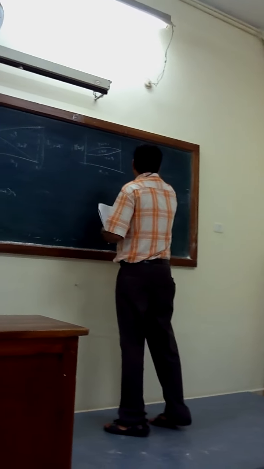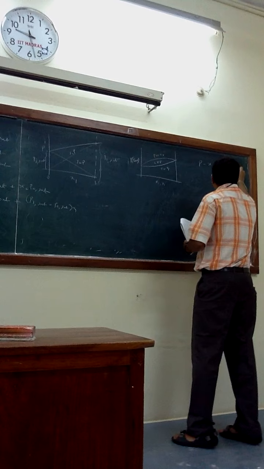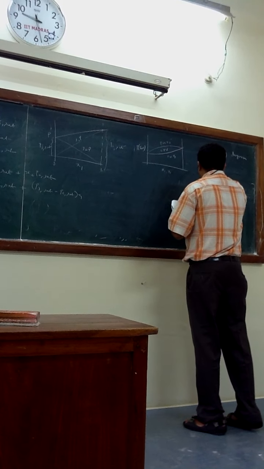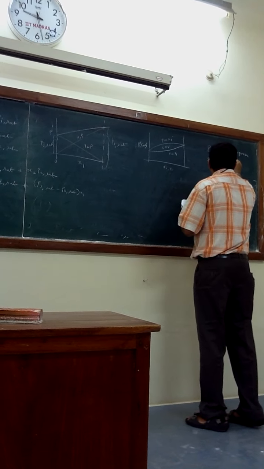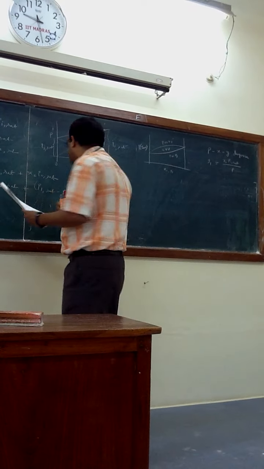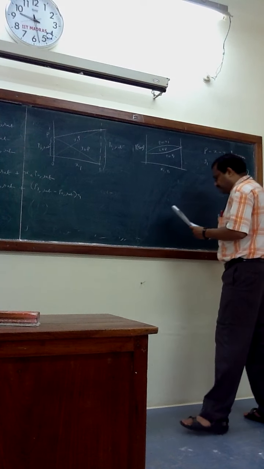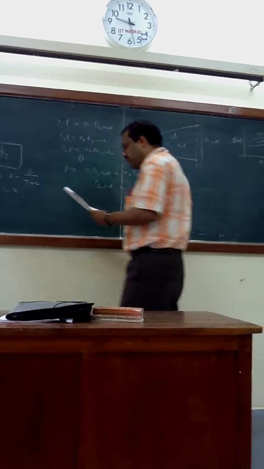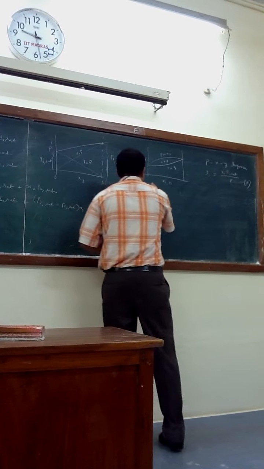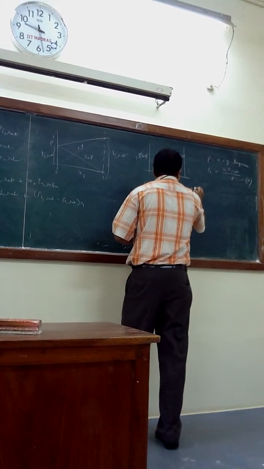So we have to get the Pxy diagram. The equation is y1 equals x1 P1 sat by P, equation number A. The steps: number 1, choose x1.